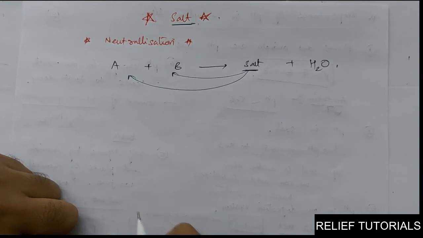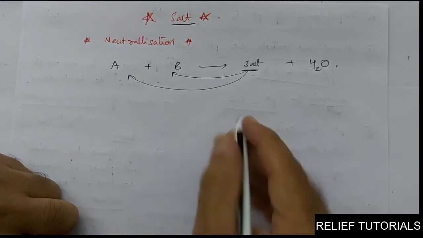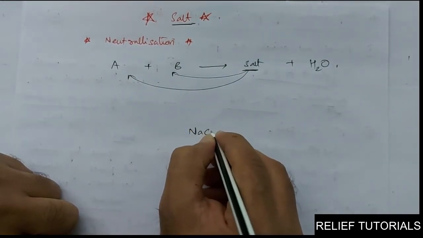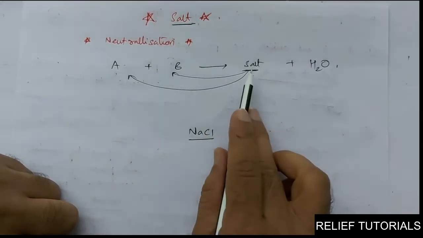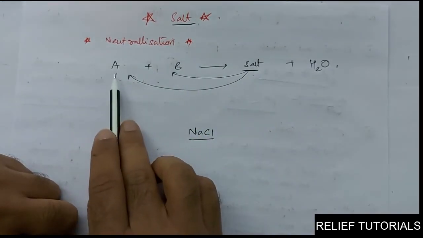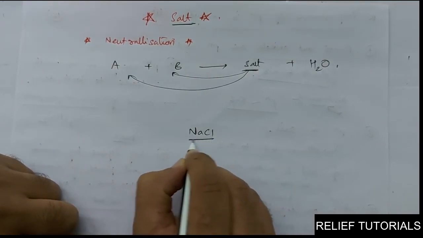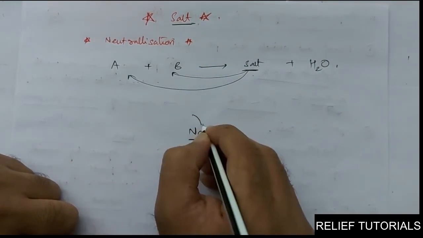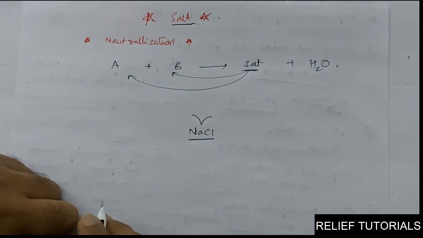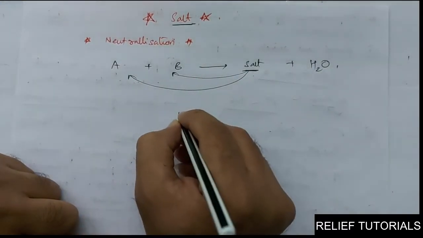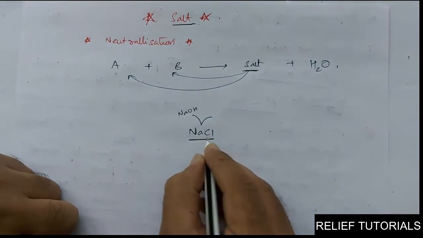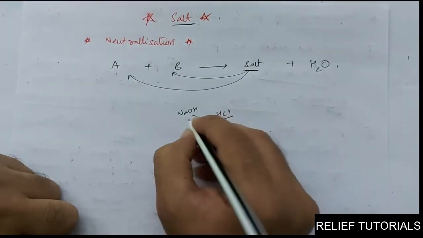For example, NaCl is one of the salts. This salt is obtained by the reaction of an acid and a base. By observing this salt carefully, we can derive its acid and base. Na's corresponding base is NaOH and Cl's corresponding acid is HCl.